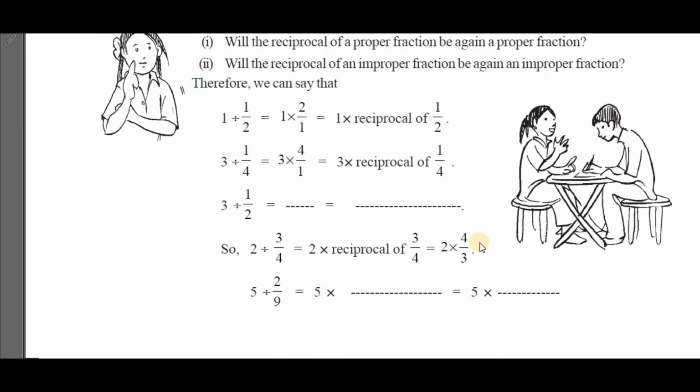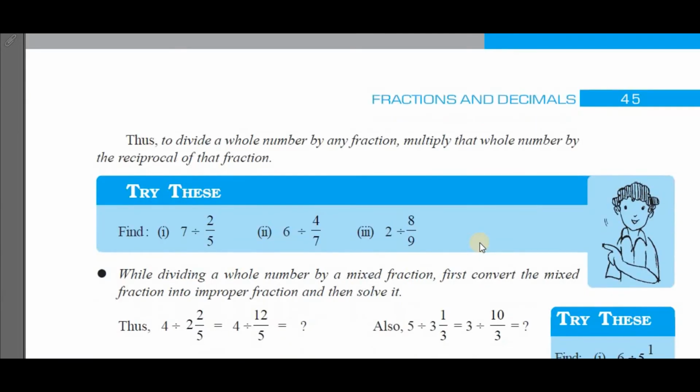That is the reason the numerator automatically becomes bigger compared to the denominator, so a proper fraction is changed into an improper fraction, whereas an improper fraction can be changed into a proper fraction. Now what is the conclusion given here? Thus, to divide a whole number by any fraction, multiply that whole number by the reciprocal of that fraction.